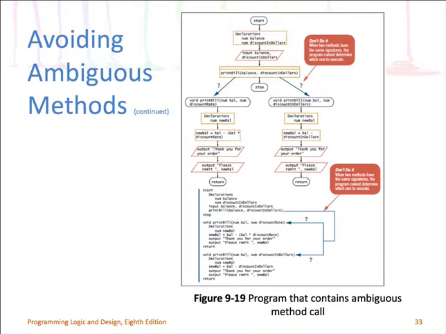So here they're just showing you an example. Print bill, balance, discount in dollars, and discount rate. They both have two arguments, so you can't figure out, at least in most languages, which one to call.